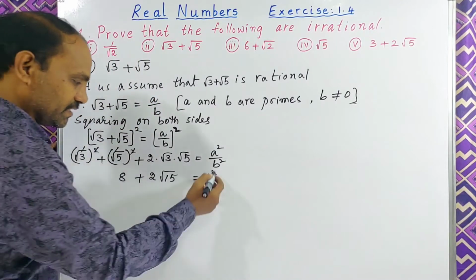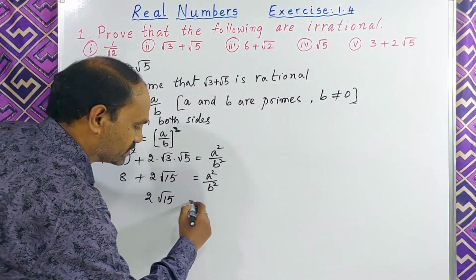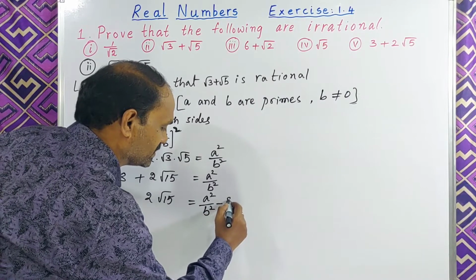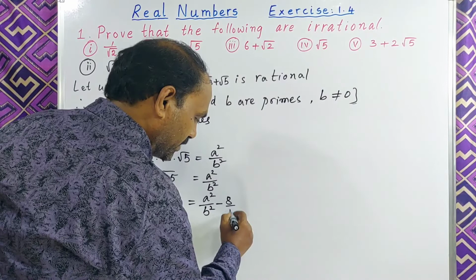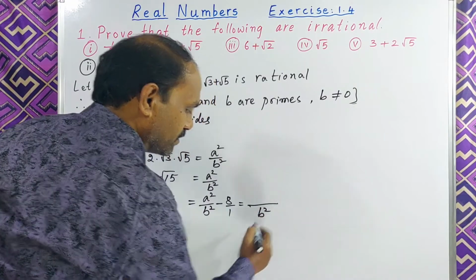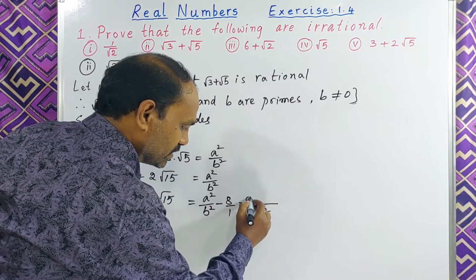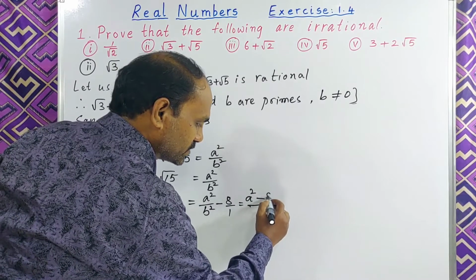Now send this 8 to the other side: 2 root 15 is equal to a square by b square minus 8. Plus 8 becomes minus 8. Then we write it over 1, take the LCM b square and cross multiply, so a square minus 8b square.